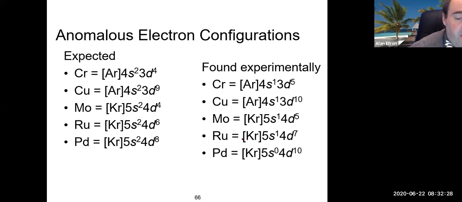For example, Mo, Ru, Pd. When you get to palladium here, there's actually no electrons in the s. They've all been promoted up to the d. So a lot of the exceptions that you see in electron configuration are these s electrons promoting themselves up into the d orbitals, again, just for stability.